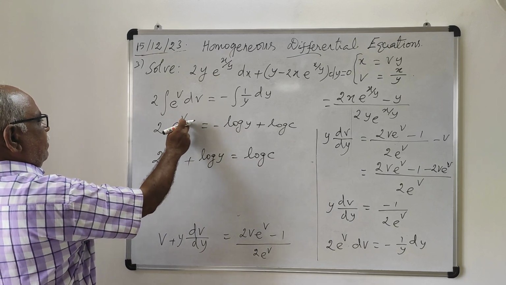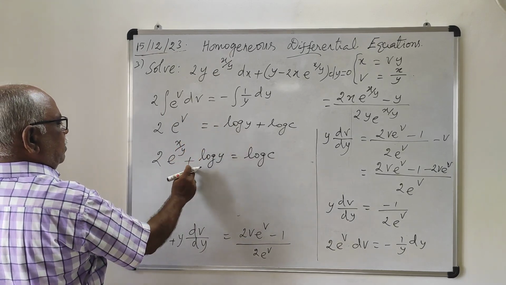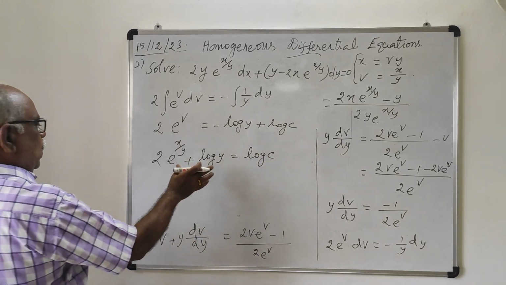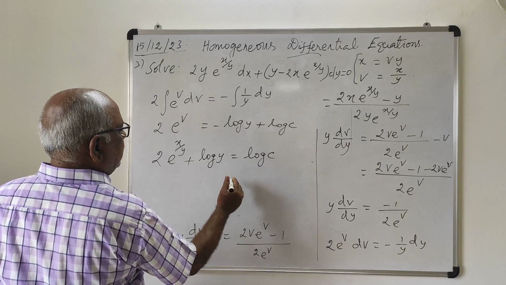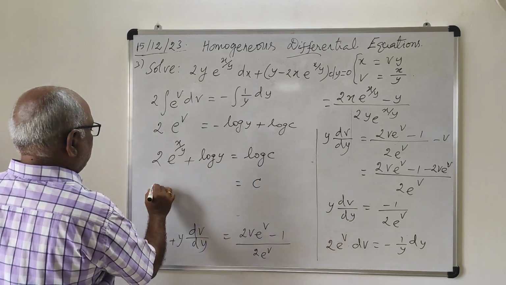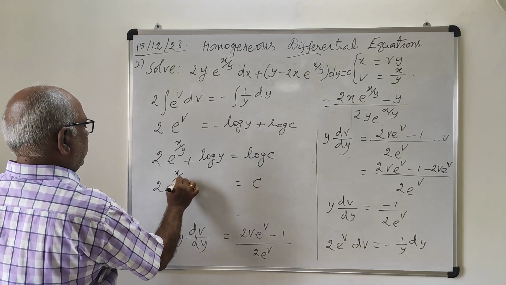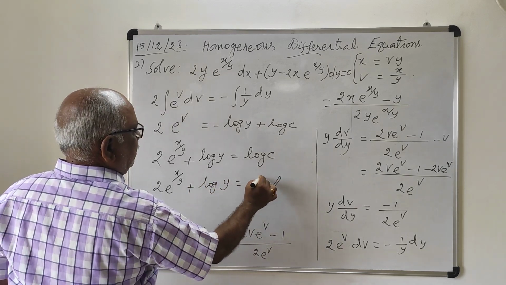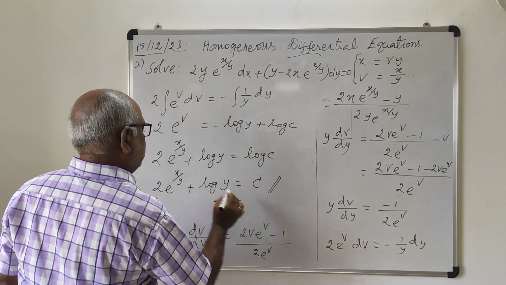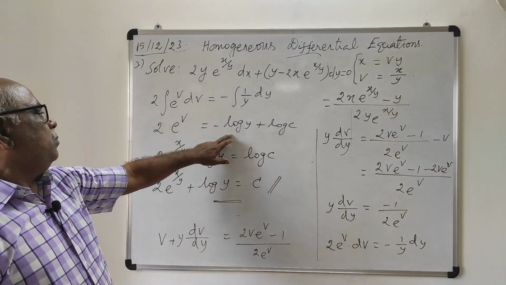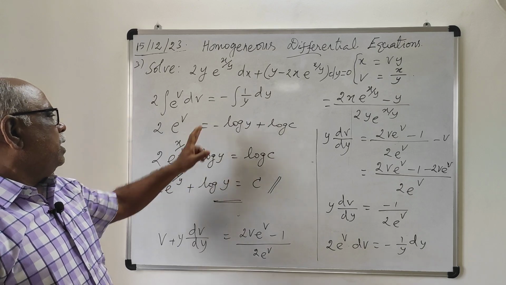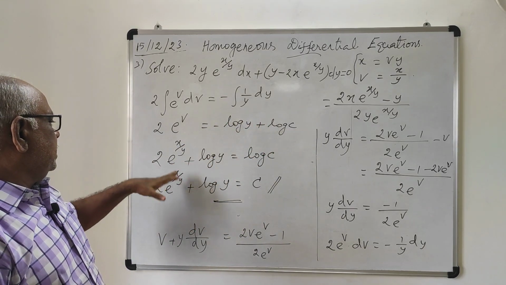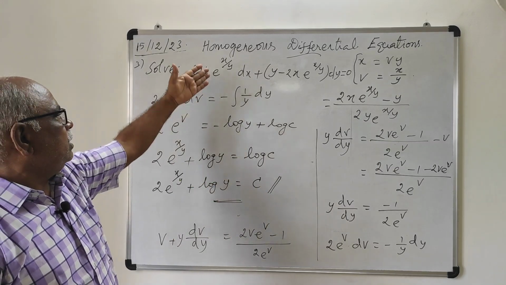With 2 e power v replaced by 2 e power x by y, this log c you can consider as some other constant capital C. Therefore 2 into e power x by y plus log y equal to capital C. You consider this as the answer for the problem. That's all. 2 e power x by y plus log y equal to C is the answer for this problem.